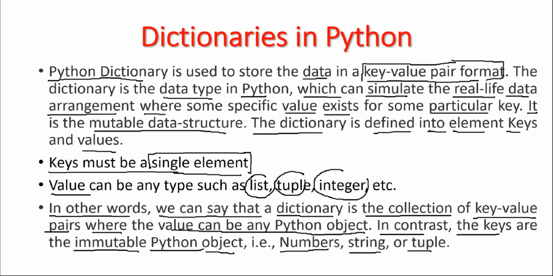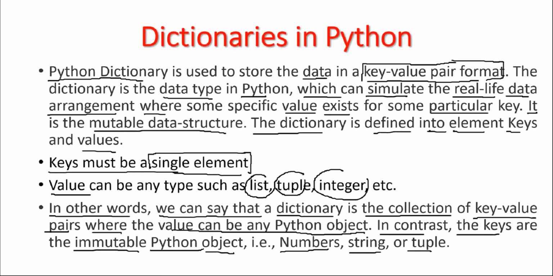That means once the key is defined, that key cannot be changed. Actually the dictionary is mutable, but when it comes to the keys, once a key is defined, it cannot be changed. Its value can be updated, but the key cannot be changed.